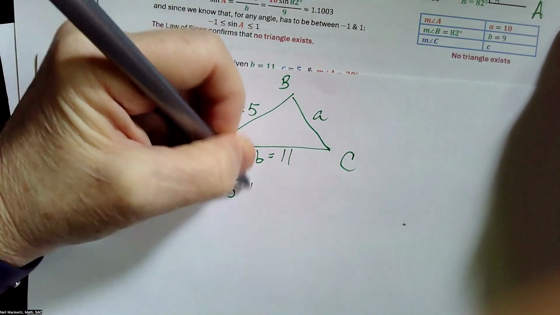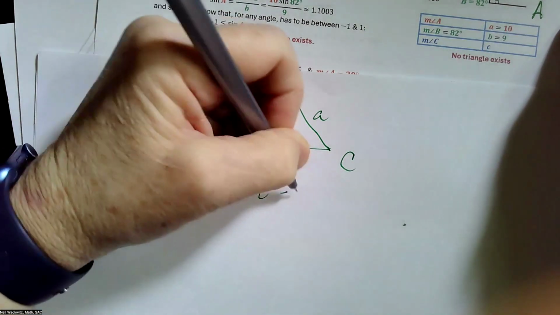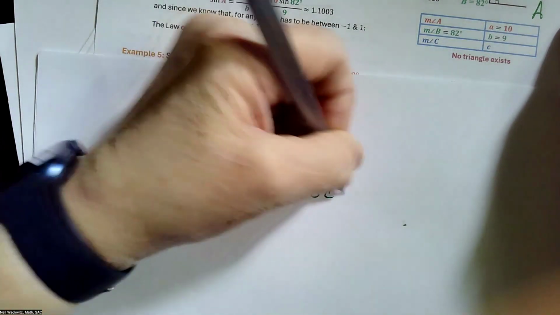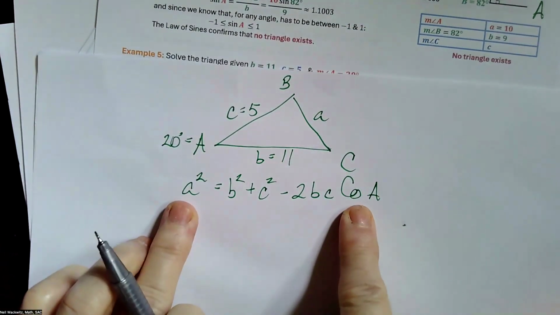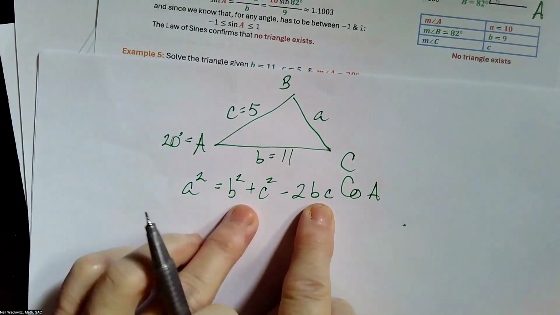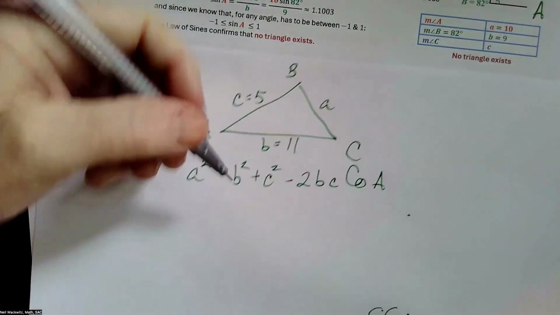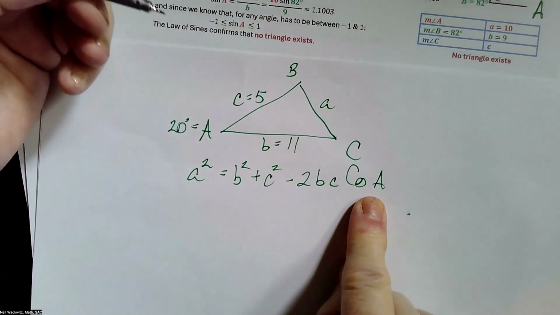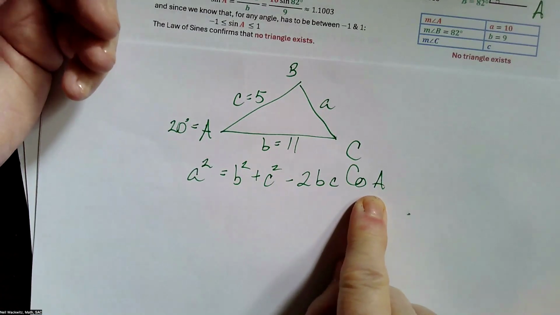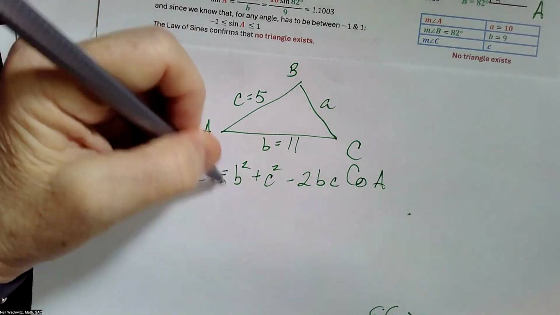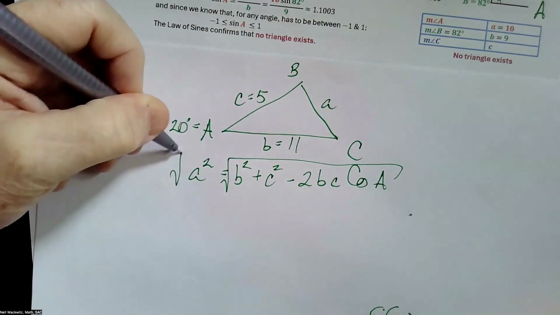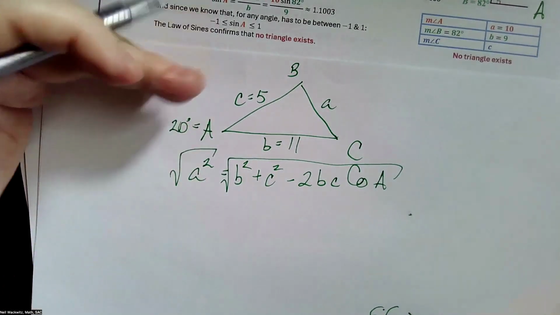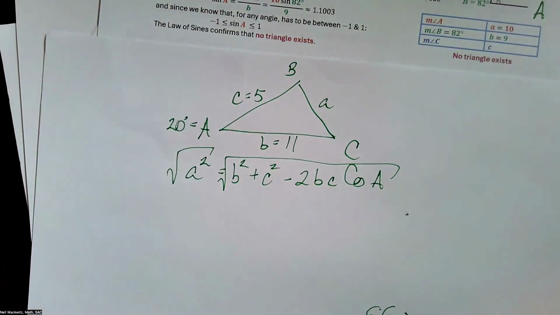A squared is B squared plus C squared minus 2BC cosine A. So these match. These in here match. And in order to find A, I just need to take the square root. We're not putting plus or minuses because these are physical values.